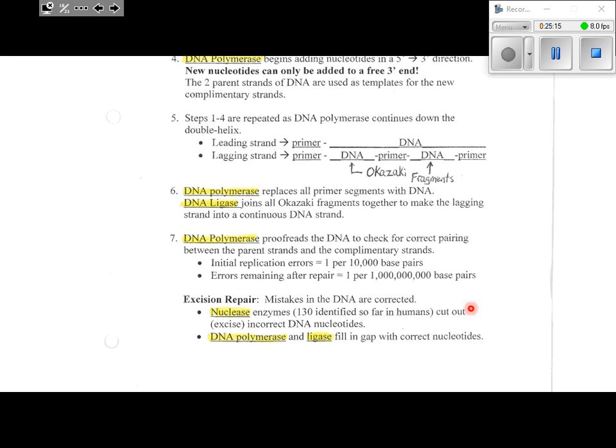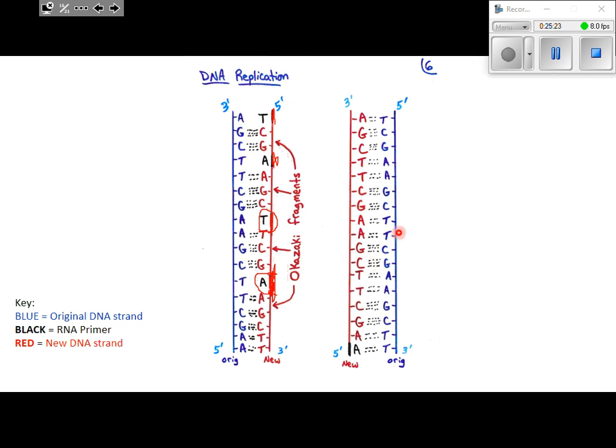On average, there's one mistake for every 10,000 base pairs. In other words, a mistake would be if a T got put here instead of a G. If we had a C paired up with a T, that's a mistake. Whoops.